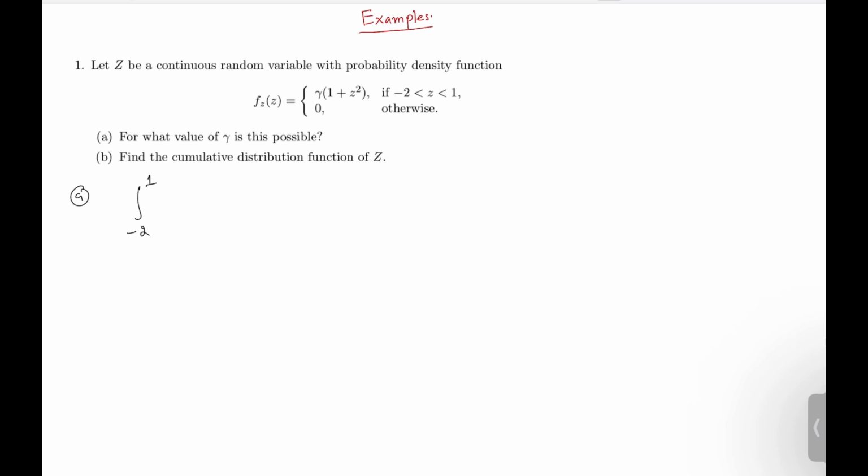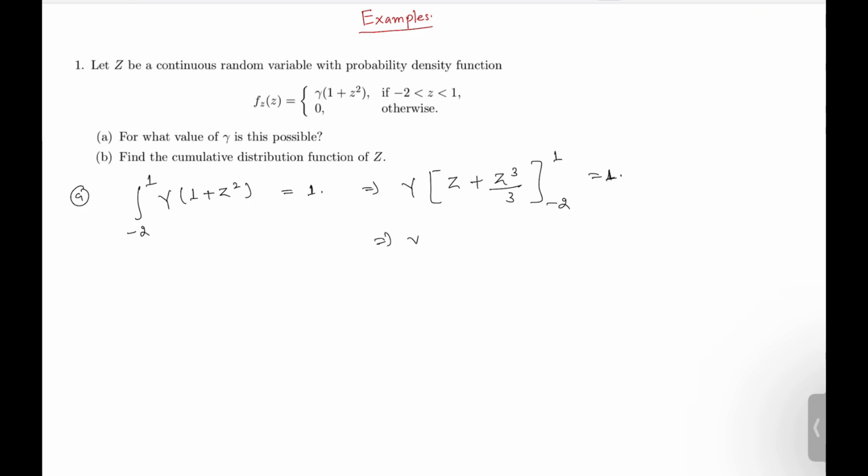You can simply take it from -2 to 1 and integrate this PDF within this range, and this should be equal to 1. Now this is a simple integration. Gamma is outside. The integration of this would be z plus z cubed divided by 3, with limits from -2 to 1, that would be equal to 1.